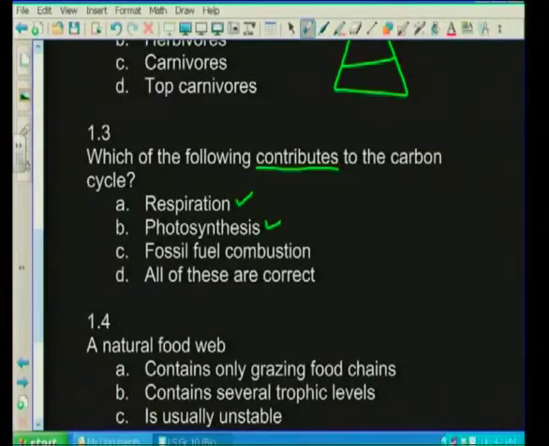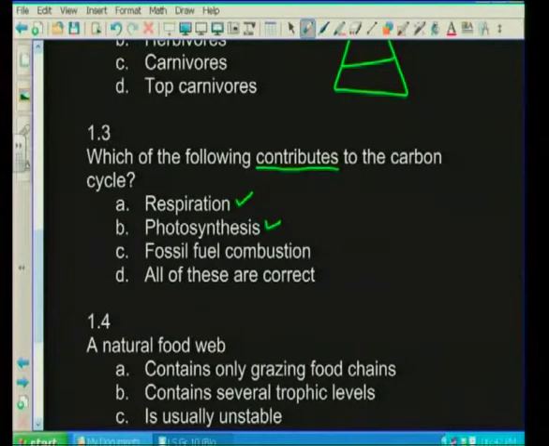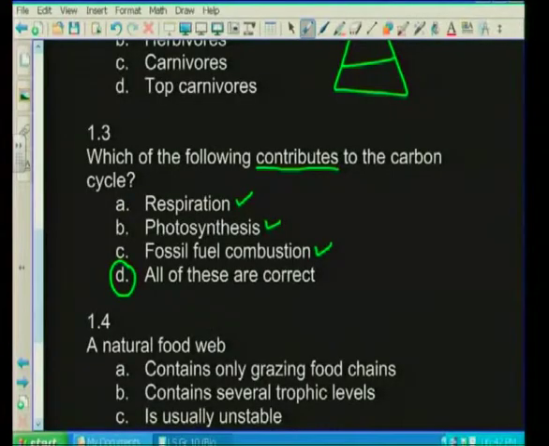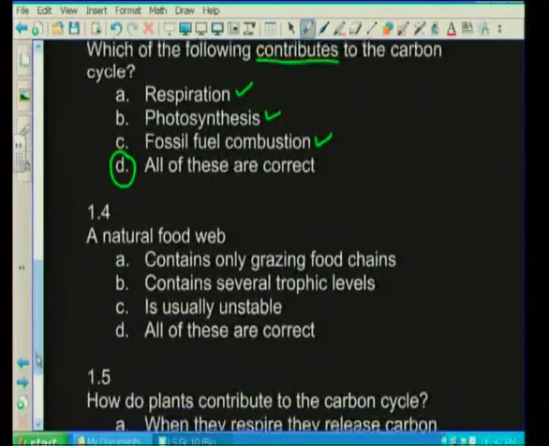Does photosynthesis contribute? Yes, because it takes in carbon dioxide. Fossil fuel combustion, that means the burning of fossil fuels. Yes, it makes carbon dioxide. So all 3 of these are involved in the carbon cycle, whether it's good or not good. So all of these are correct. So that is number D.